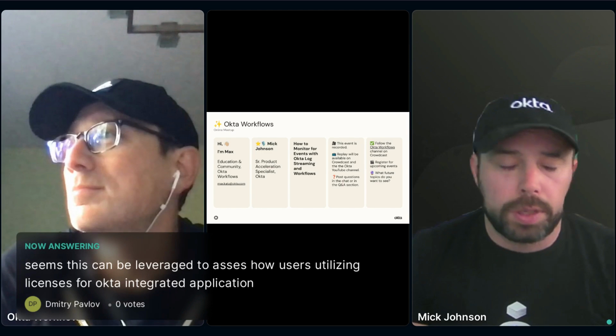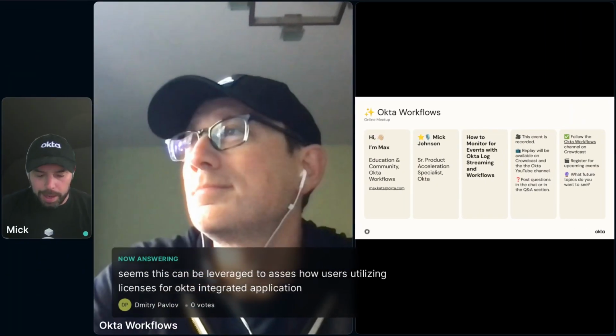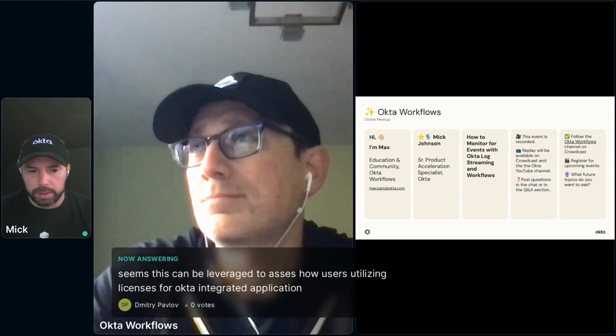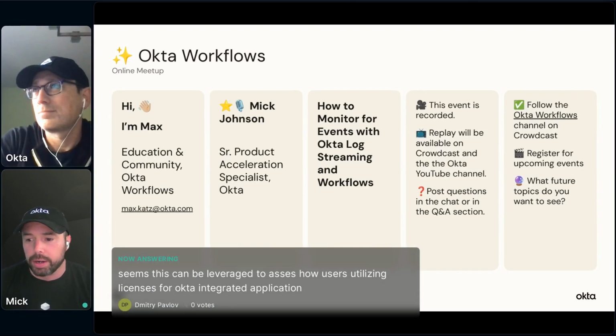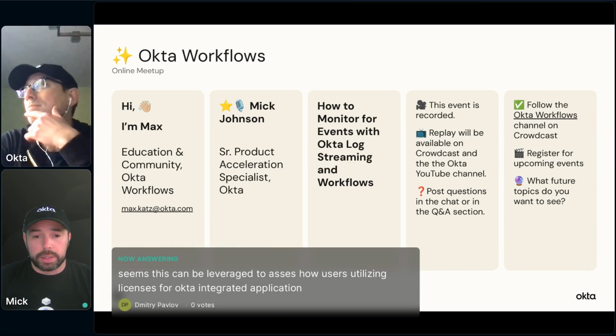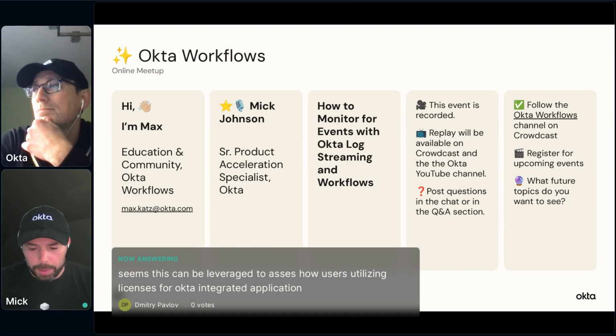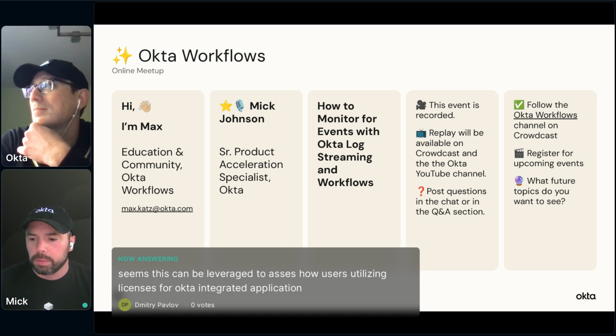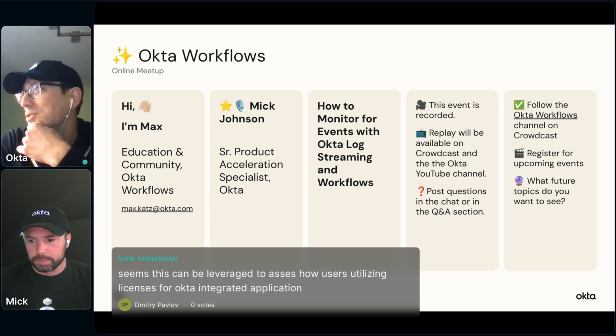So basically, if a user is SSOing into an application, there's a certain event that occurs within the system log. It's part of the telemetry. Is that what you're talking about, where you'd be able to monitor for users that are accessing a particular application? Yeah, Dimitri, feel free to add a comment if you would like, or more information.